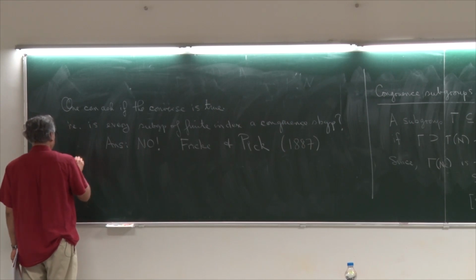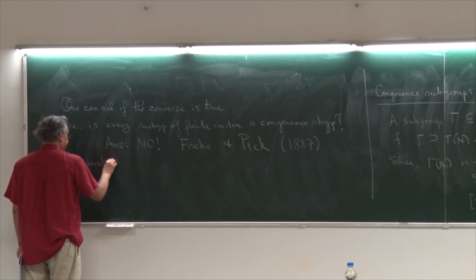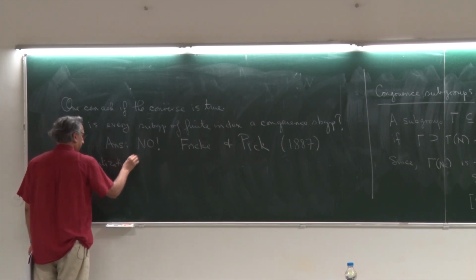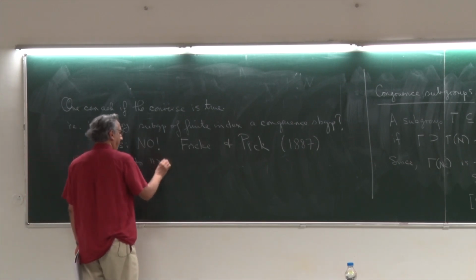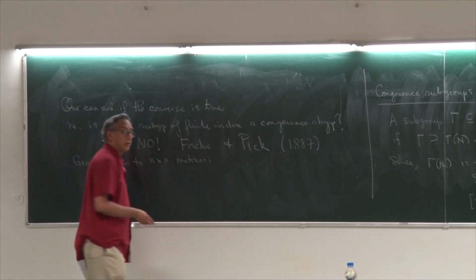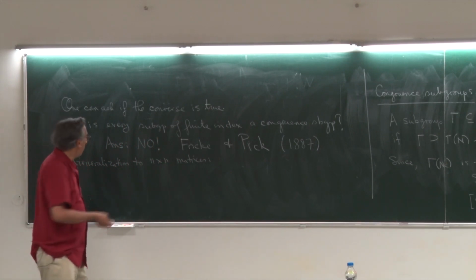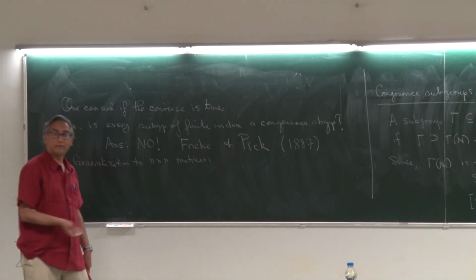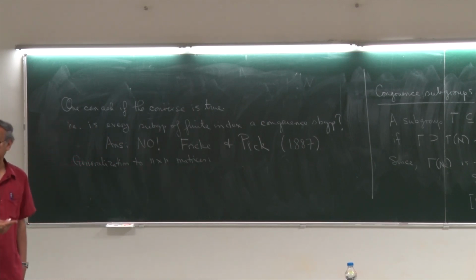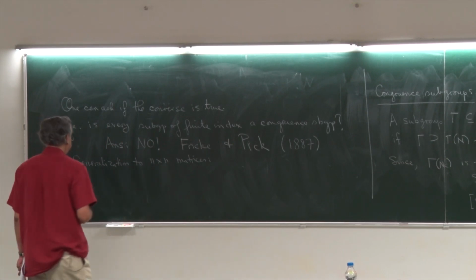So the generalization to n by n matrices is what's called the congruent subgroup problem. The congruent subgroup problem is to determine whether any subgroup of finite index in these groups is actually a congruent subgroup. That is, it contains some gamma of n.